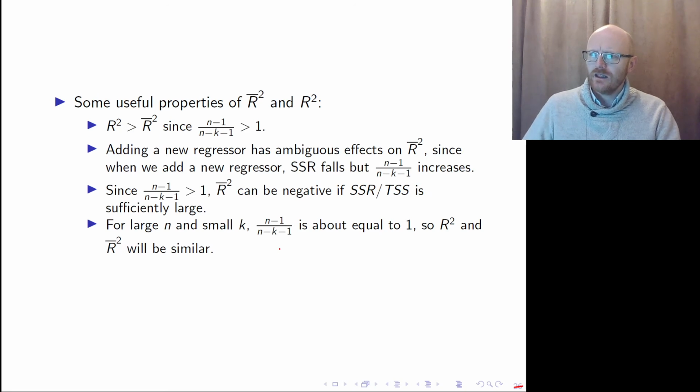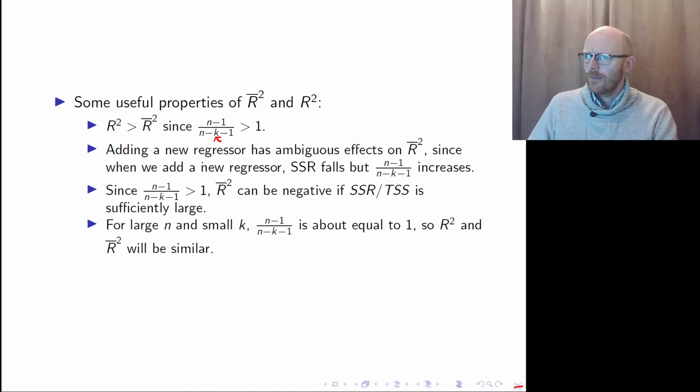Some useful properties of adjusted R squared and R squared: adjusted R squared is always lower than R squared because it takes into account the number of x variables, right? So you are penalized for having too large a model.